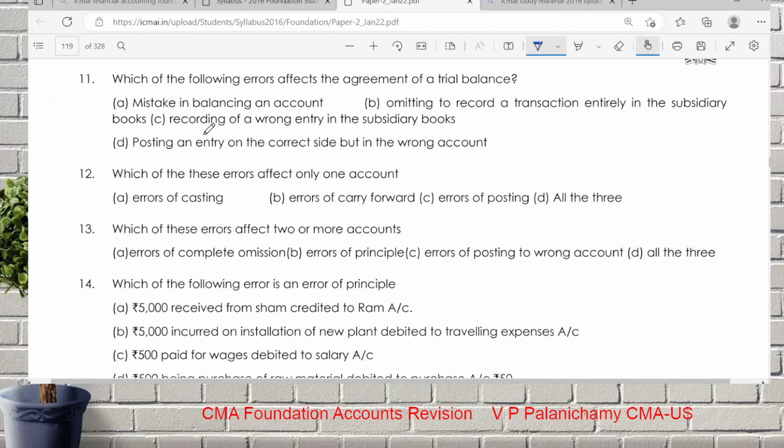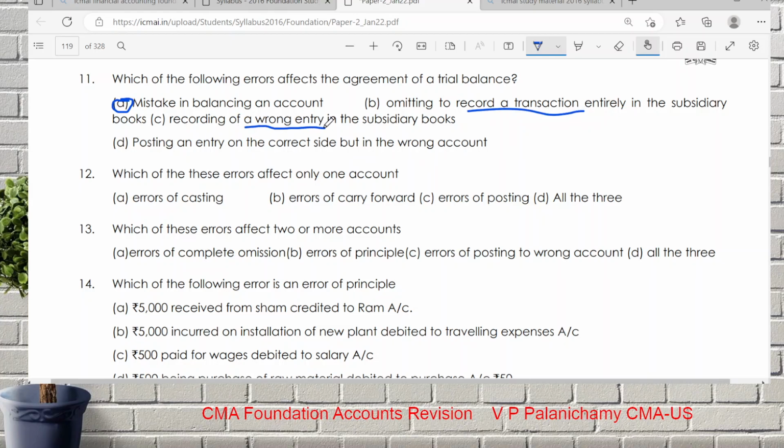Which of the following errors affect the agreement of trial balance? Point number A. ஒரு அக்கௌண்ட் மட்டும் டேலி பண்றதுல மிஸ்டேக் பண்ணா, அந்த அக்கௌண்ட் கம்மியா போட்டிருப்போம் இல்ல அதிகமா போட்டிருப்போம். ட்ரையல் பேலன்ஸ் will not tally. Omitting a transaction will affect both debit and credit.